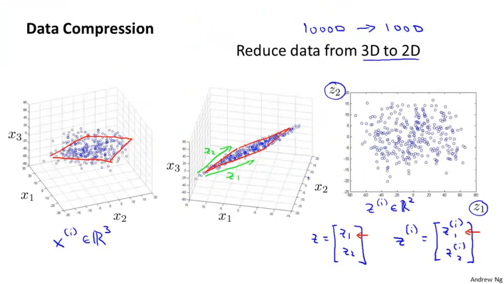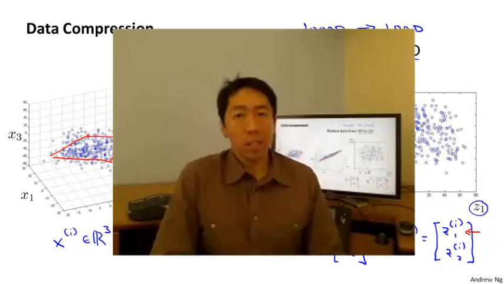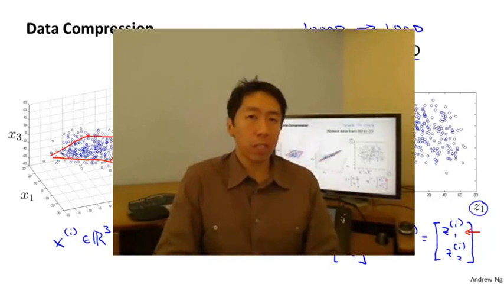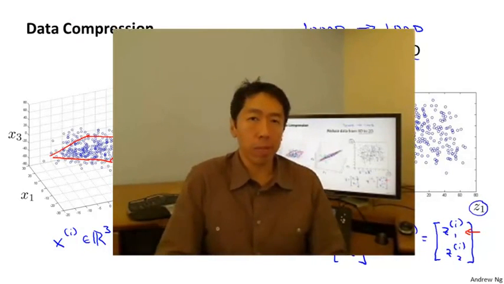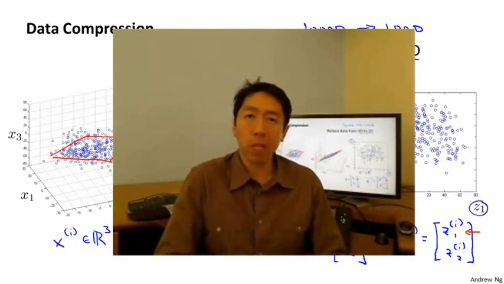And so that's the process that we can go through to reduce our data from 3-dimensional to 2-dimensional. So that's dimensionality reduction and how we can use it to compress our data. As we'll see later, this will allow us to make some of our learning algorithms run much faster as well, but we'll get to that only in a later video.